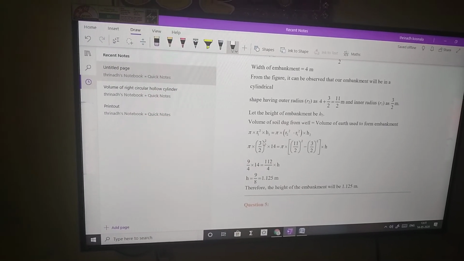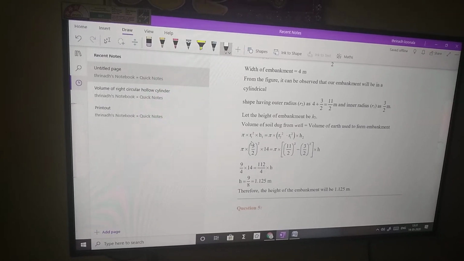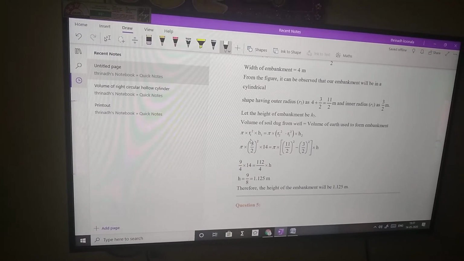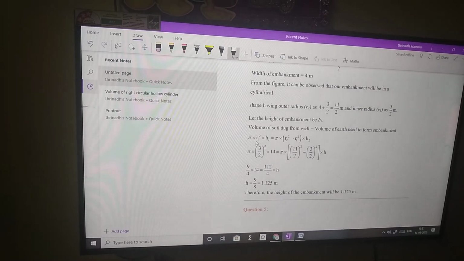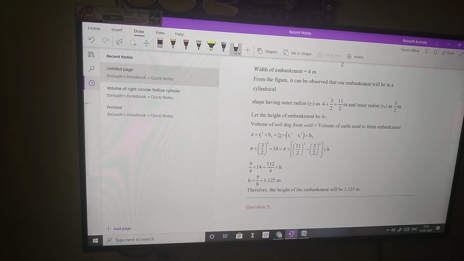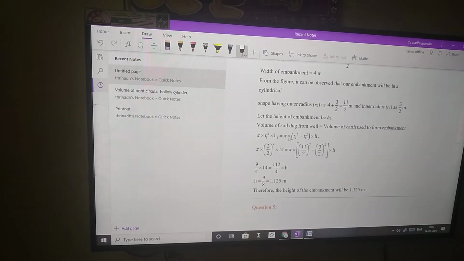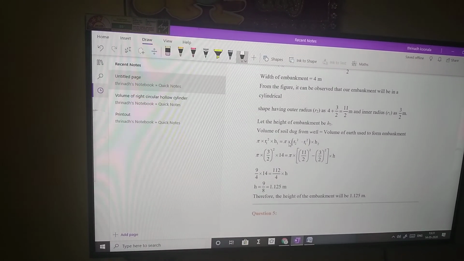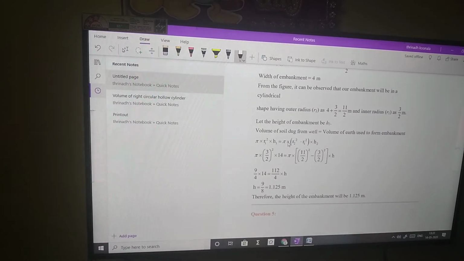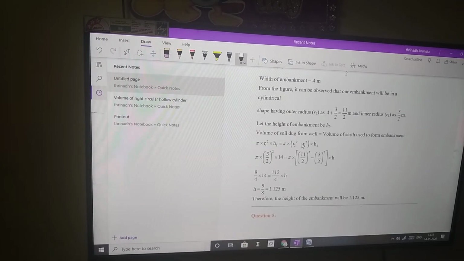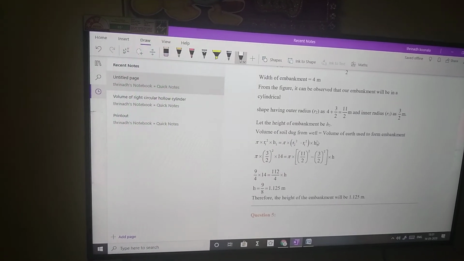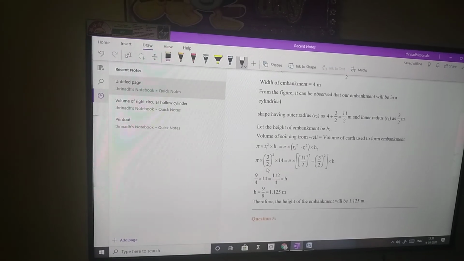So here I am substituting values. Pi into R1 square into H1, that is volume of cylinder. It is equal to volume of embankment. So pi into (R2 square minus R1 square) into H2. H2 is nothing but height of the embankment.